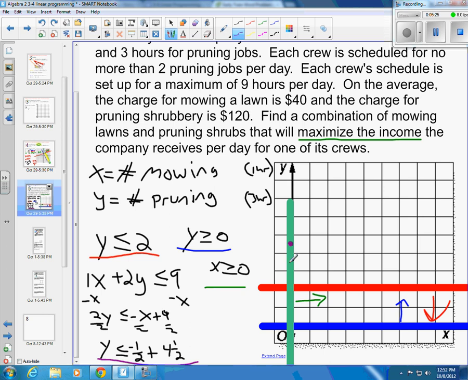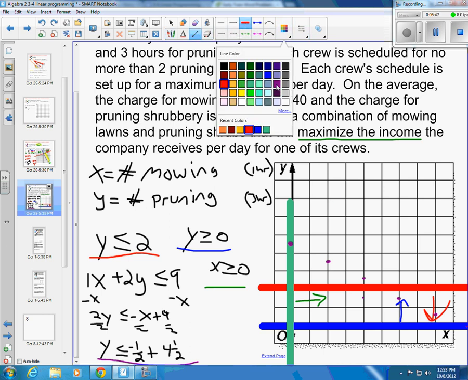So down 1, forward 2, and repeat that several times. Then I grab a line and put my line in there.